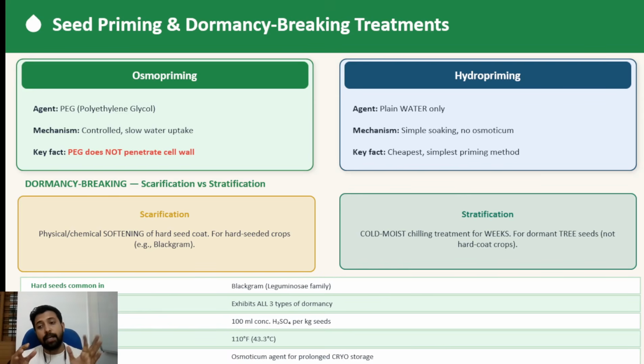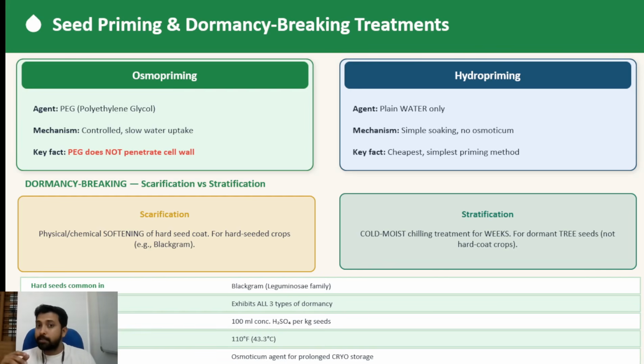This is done when the seeds are having a dormancy. Scarification is done to break the physical dormancy due to hard seed coat, while stratification is done to overcome physiological dormancy by giving a stress like cold stress treatment.